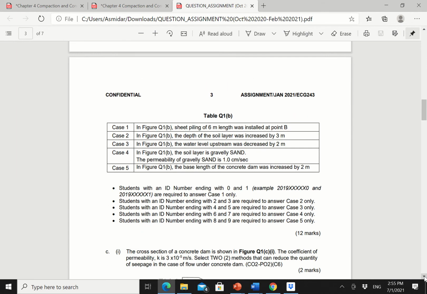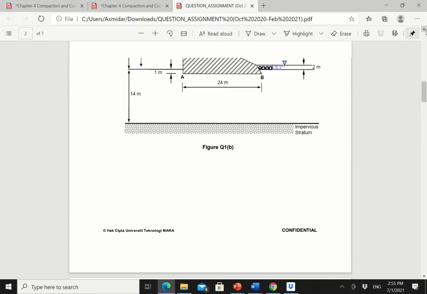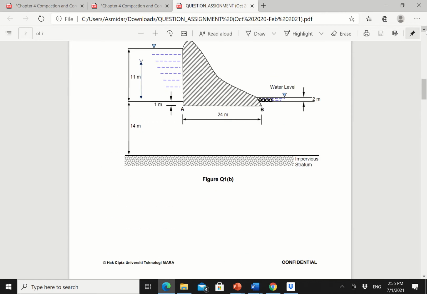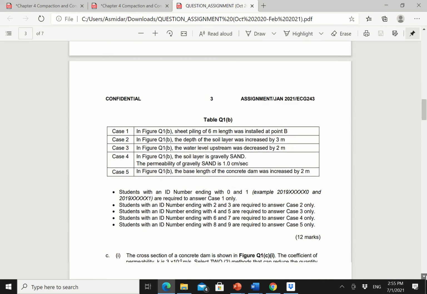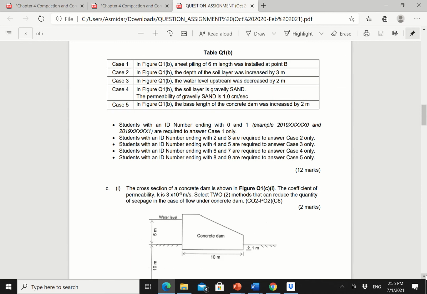In case number 2, the depth of the soil layer was increased by 3 meter. So instead of 14 meter, you add 3 meter, and you actually have 17 meter. So read the case carefully, and you will be assigned your own case.